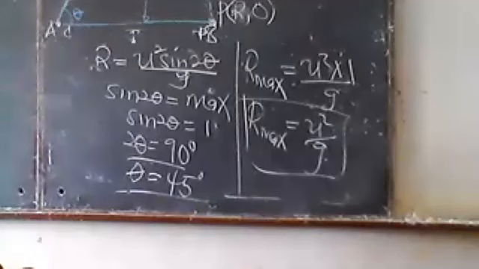Okay. Now, time has not allowed us to go through an example, but I want to leave it as an exercise that you do. Find for me, you write it somewhere. You are going to find for me the time taken to reach maximum height.